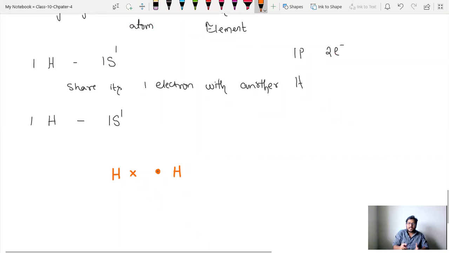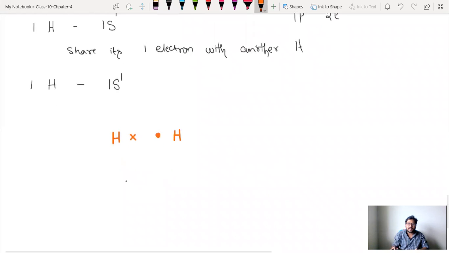I told you, electrons can be represented by a cross mark or a dot mark. Now this hydrogen will share its electron with this hydrogen's electron, and the second hydrogen will share its electron with the first hydrogen's electron.